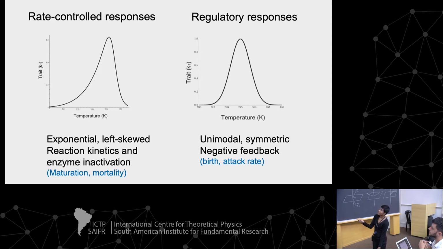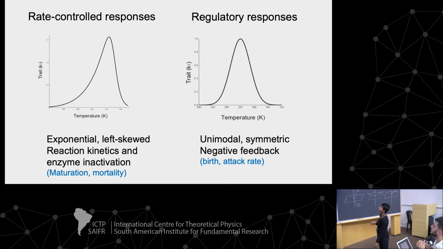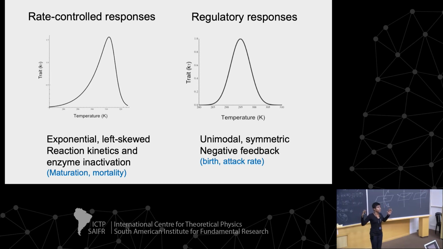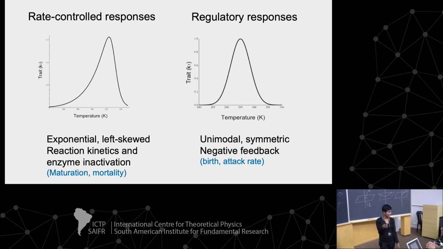Because they are really driven by just the direct effect of reaction kinetics and enzyme regulation. But if you look at regulatory responses, as I pointed out yesterday, they are more unimodal and symmetric because there's negative feedback that pushes the rate processes towards some intermediate optimum. So the point is that these shapes matter a great deal when you look at how warming shifts the thermal regime to the right.